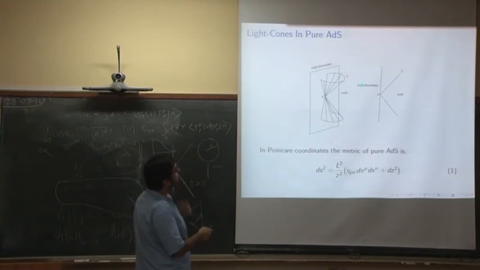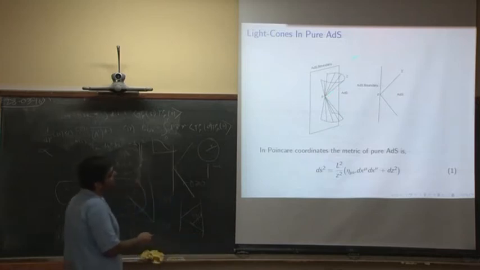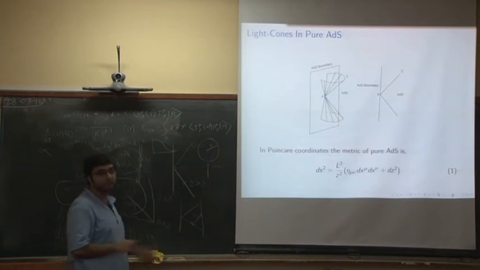I should have drawn it. T runs in the upward direction, and this point P has coordinates x mu equal to z equal to 0. So this light cone has t greater than 0. That is the future light cone.